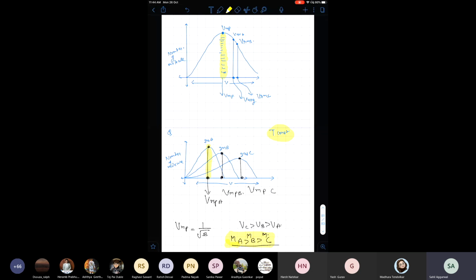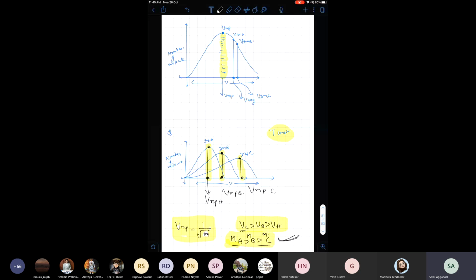So this is the most probable velocity of A, B and C. We can see that most probable velocity is maximum for C and minimum for A. And these velocities are inversely proportional to the masses. So if velocity is high, mass must be low. इसलिए हो गया ये.